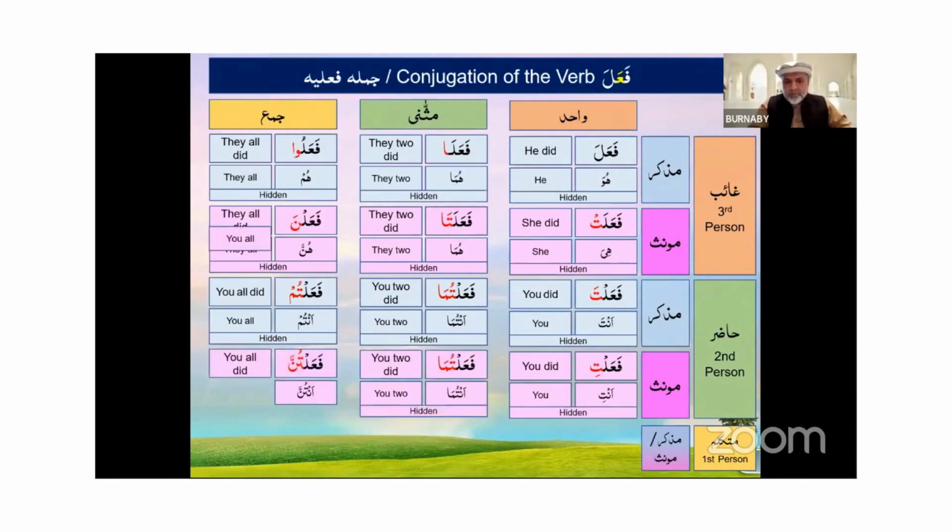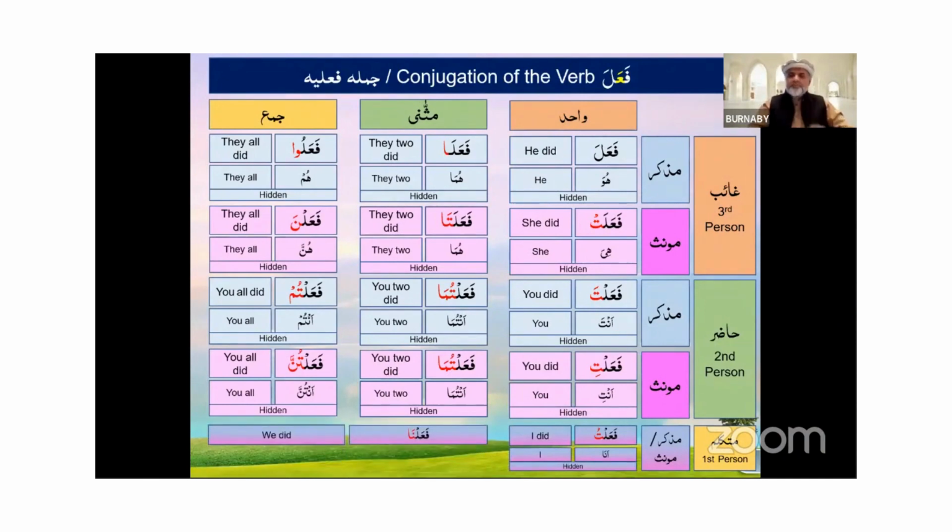Why do we have to worry about these weak verbs? Why can't we just stick with the sound ones and move on? They don't have the same conjugation as the sound words. Brother Fahad, you're right. Brother Fahad is saying that they do not have the same conjugation.